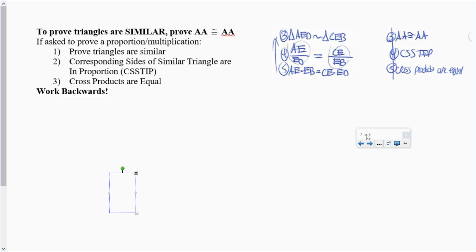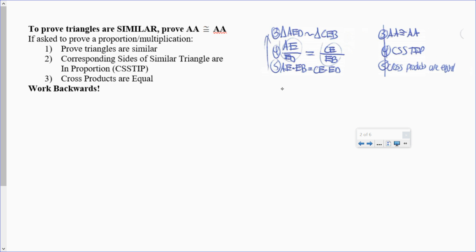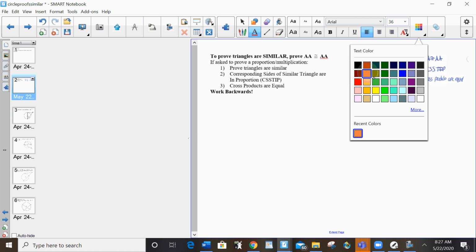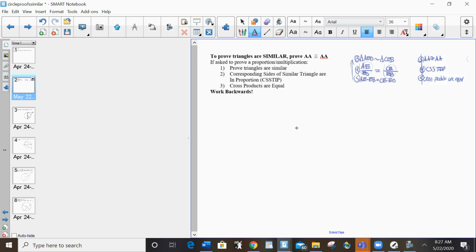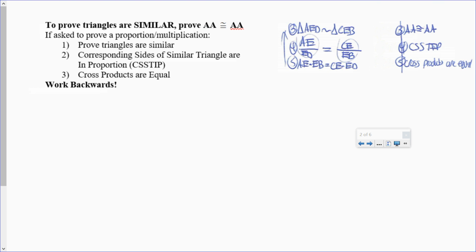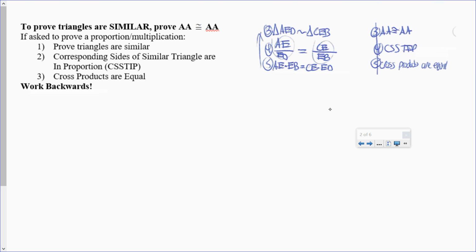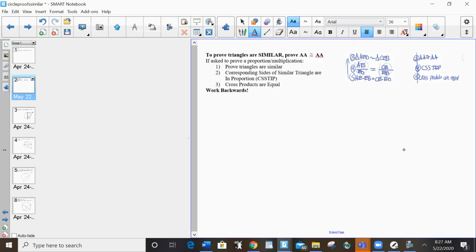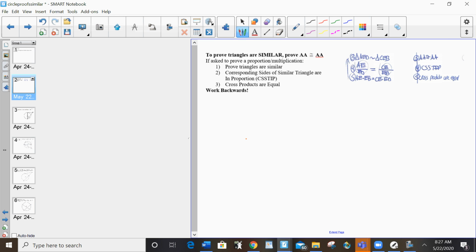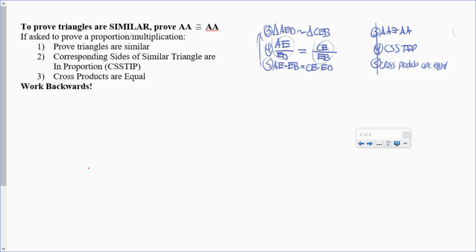If we're asked to prove multiplication, you go at the bottom, you put cross products are equal.